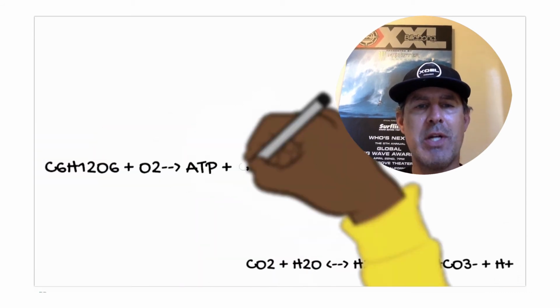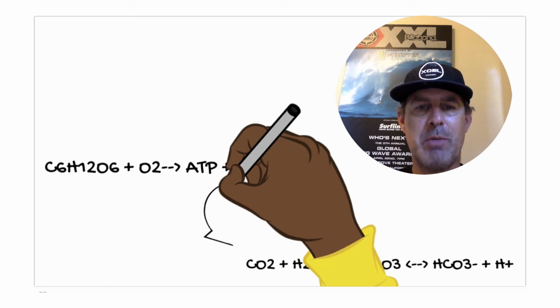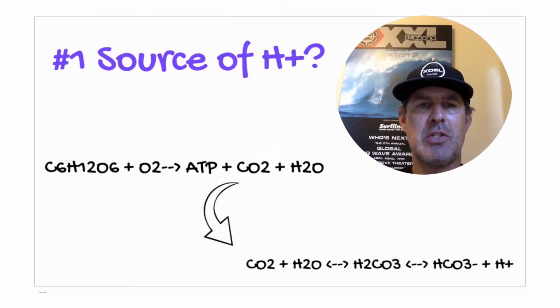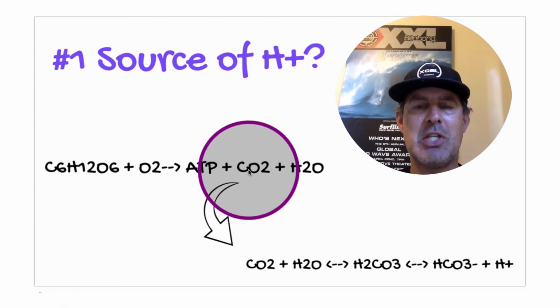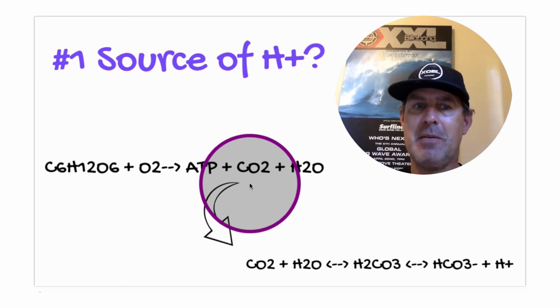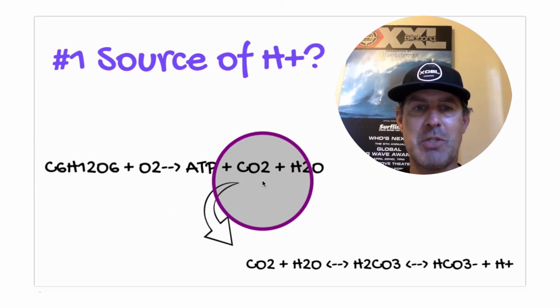The question is, what is the number one contributor to increases in the hydrogen ion concentration in the body? Another way of saying that, what is the main impetus for a decrease in pH in the body? And the answer is CO2. Specifically, we get CO2 from cellular respiration.